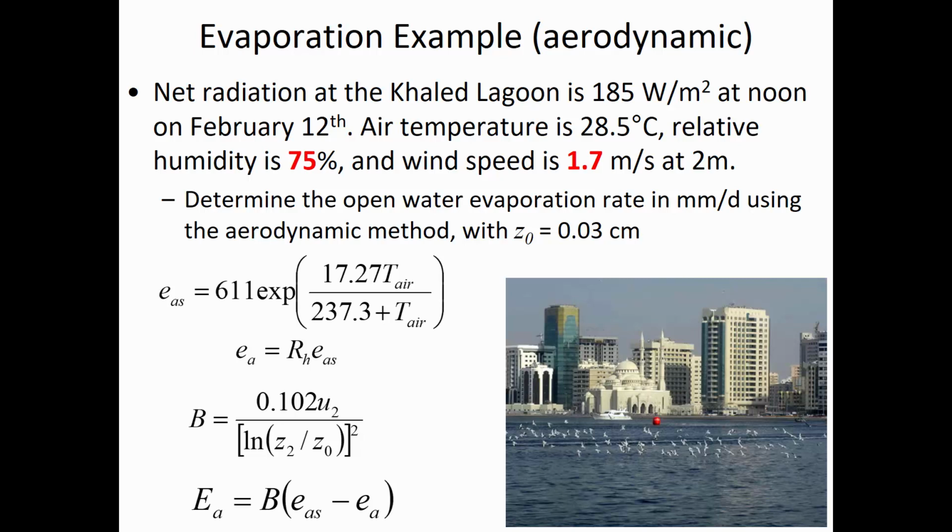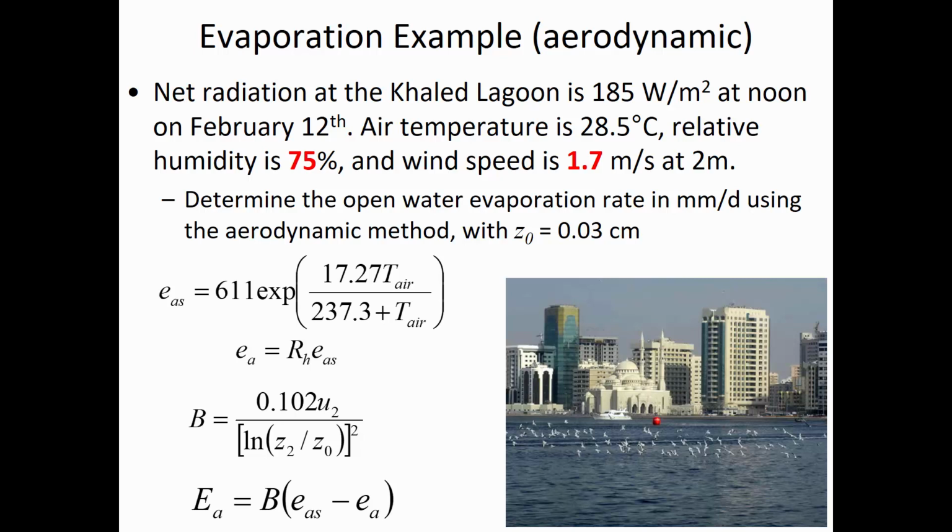it's 0.102 divided by the logarithm of Z2 divided by Z0 squared by U2. Yeah, thank you. Okay, so 0.102 times the wind speed.